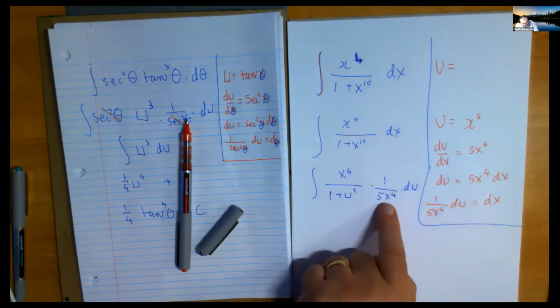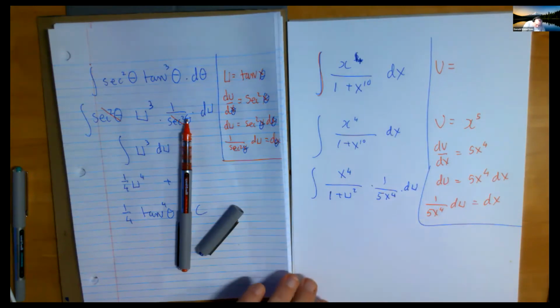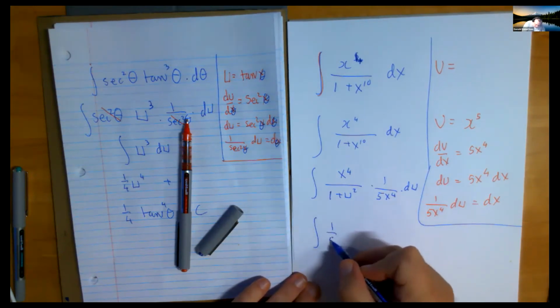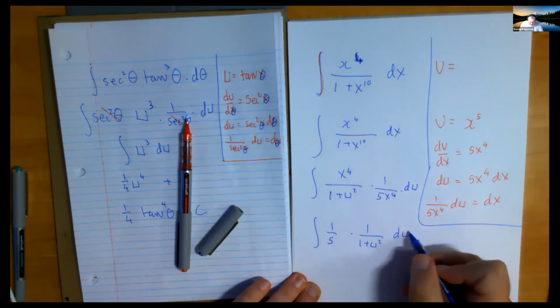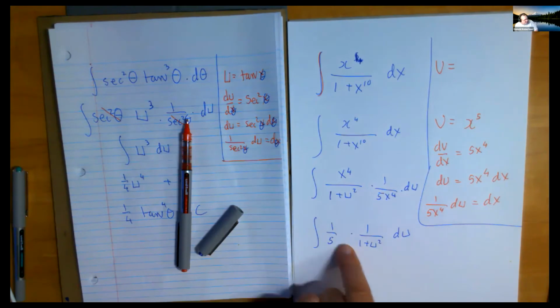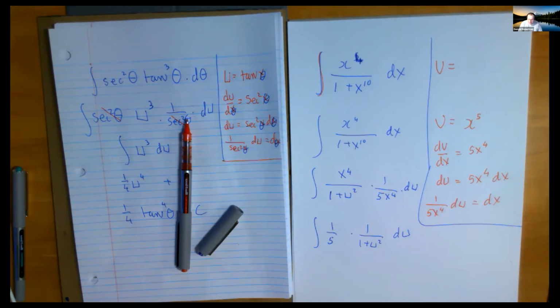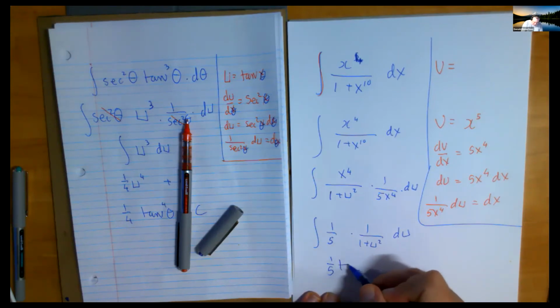I tend to take these ugly fraction things and separate them out from the other piece. If you try and bring them together, like stick a 5 in the bottom, it's such a distraction that you might write something wrong down. And so when I look at this, I just say, oh, okay. Do you recognize it as an inverse tan with a 5th stuck at the front? So we have a 1/5 inverse tan.